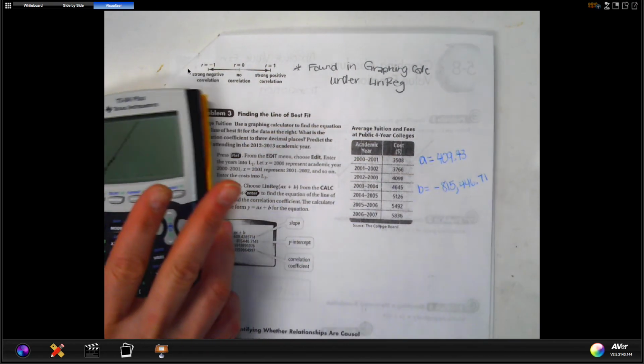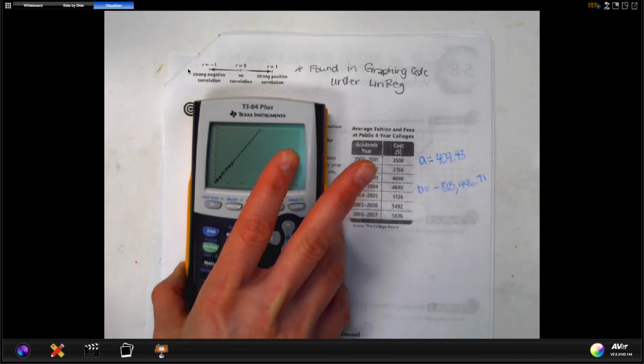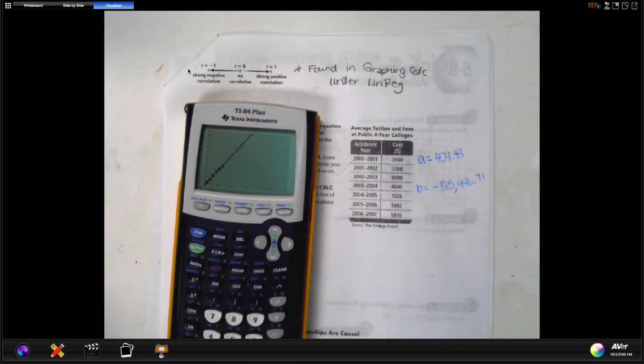Now, something that I think that we should do in class is not only write down the steps, but I'm going to show you now how to find a value. So I'm going to do that really quick for the video. So we want to figure out what was the year that you guys are entering college. 2027, right?